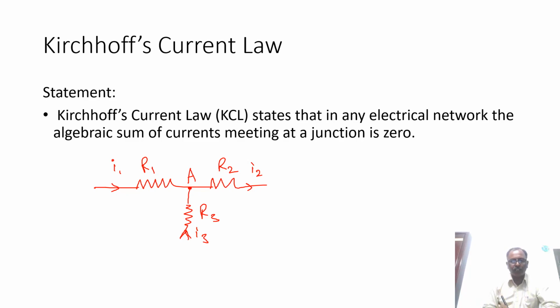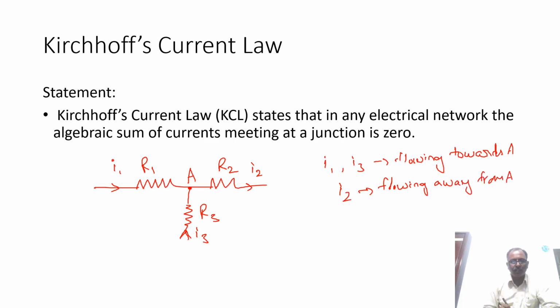Now at node A the currents I1, I2 and I3 are meeting, but the currents I1 and I3 are flowing towards node A and I2 is flowing away from A. Now if you take the incoming currents to the node, that is the currents flowing towards node A, as positive, then plus I1 plus I3.